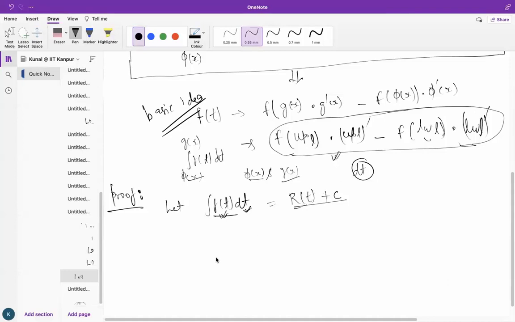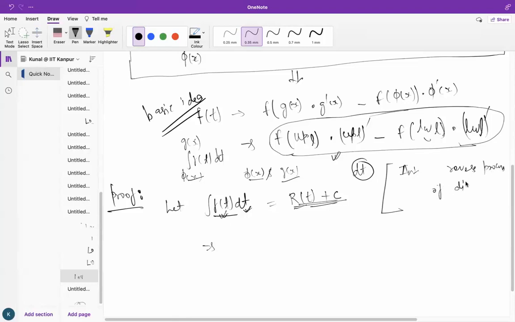Now what I have to do, when we differentiate this, so actually we learn in indefinite integration, basically integration is nothing but the reverse process of differentiation.